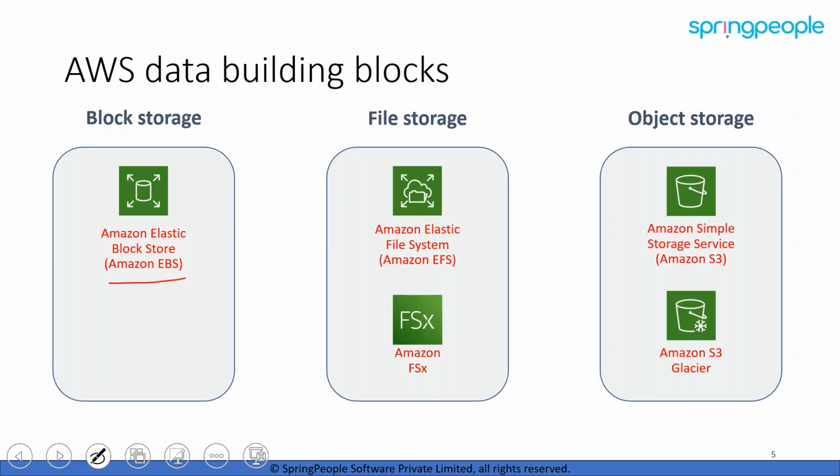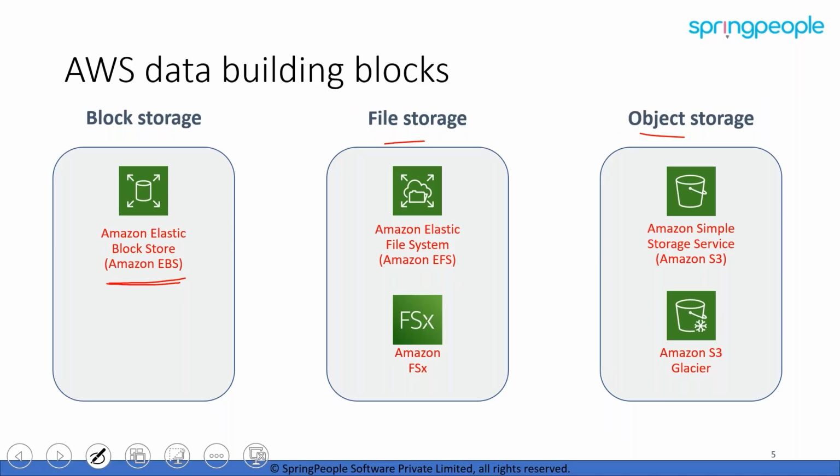The service provided by AWS for this block storage type is Elastic Block Storage. So EBS is the short form of Elastic Block Storage. For file storage and object storage, what are the services provided by AWS?